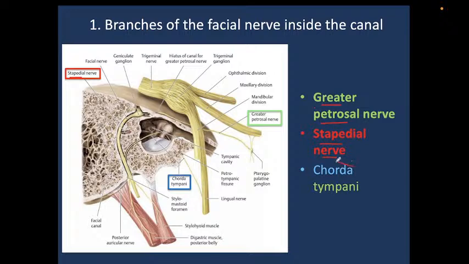And the third branch is called chorda tympani. This is blue and green because this branch has sensory fibers and parasympathetic fibers as well. So this is a combined sensory and parasympathetic branch.